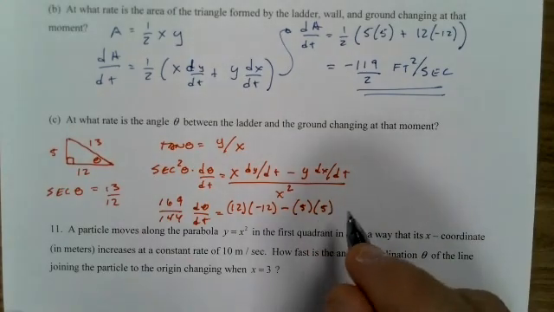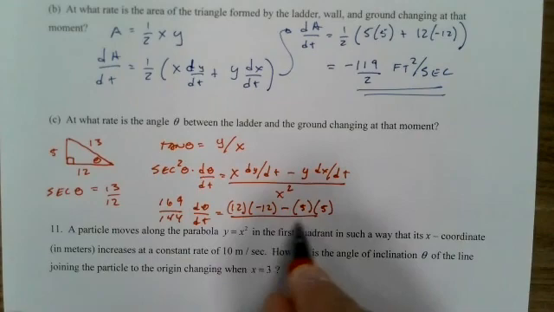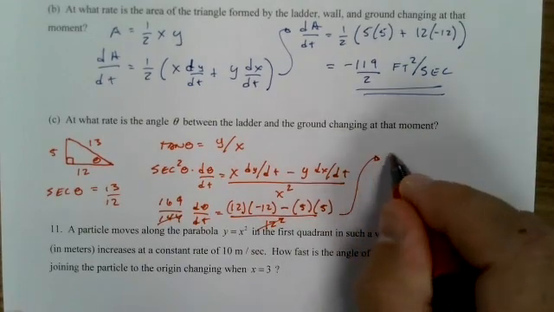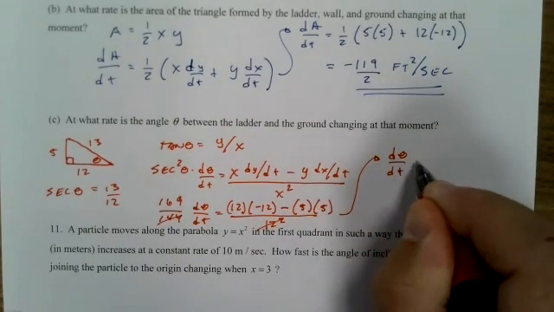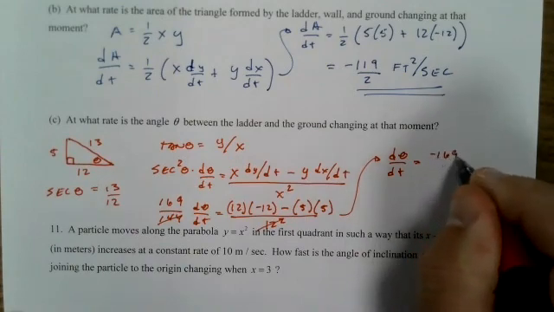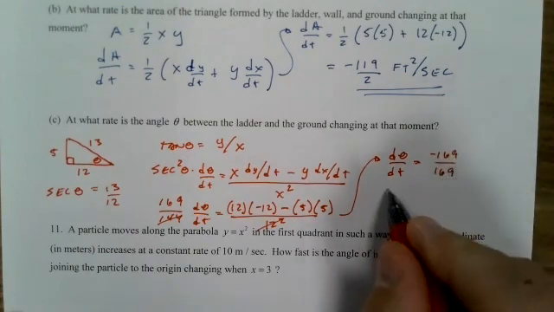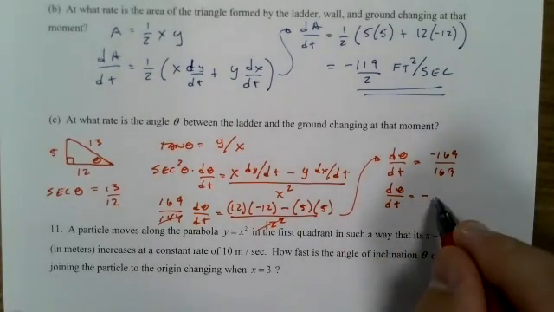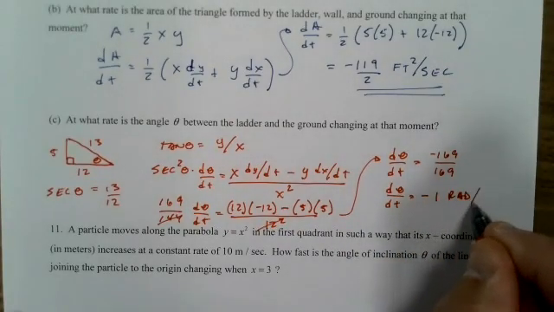I see that a lot, over 12 squared. Cancel, cancel, divide by 169. d theta/dt equals, bizarrely enough, negative 1 radian per second.